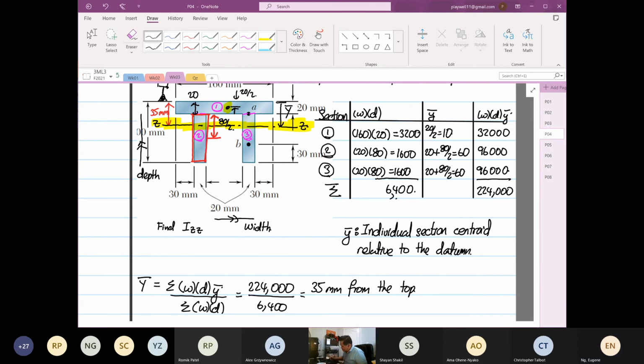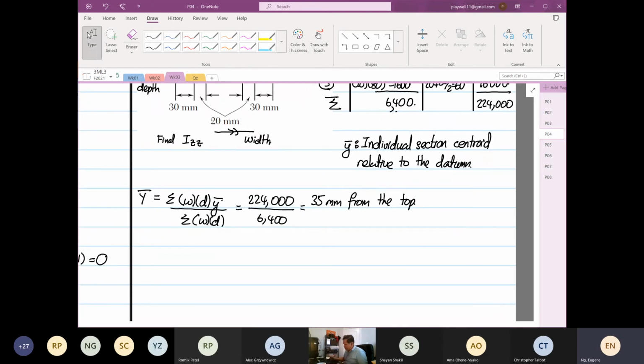Then the next thing is your second moment of area. So I ZZ is equal to width times depth cubed over 12.